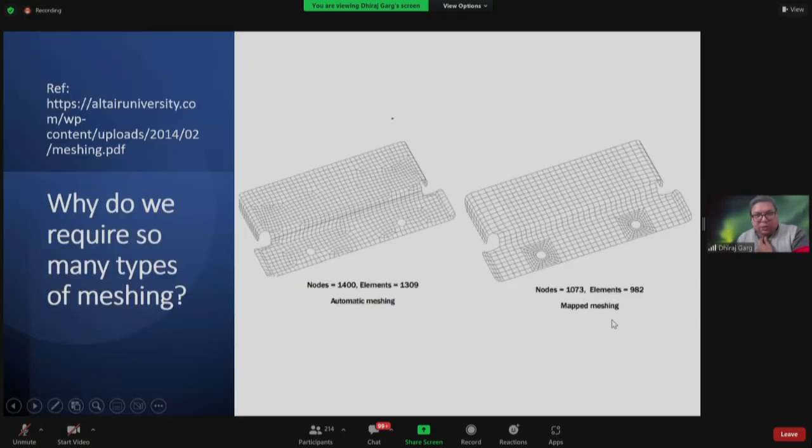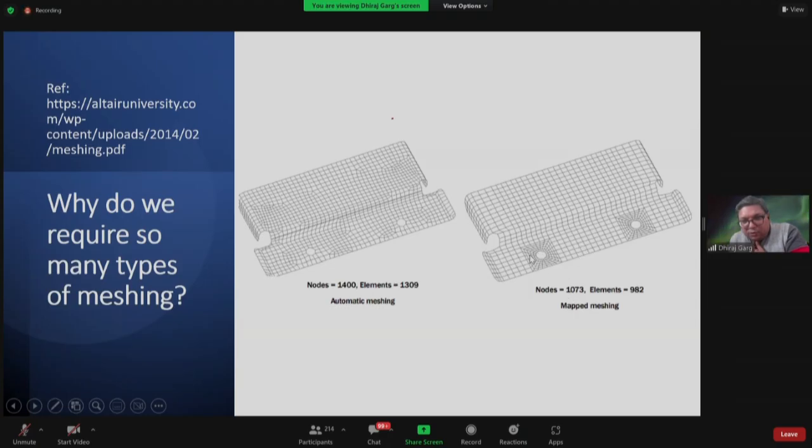We'll see how. So let's say a simple case from this reference. Previously, when it was generated automatically, it shows the nodes are 1400 and elements are 1309. So nodes are the points, vertices, elements are the cells. So we see these are the cells. Now when we make it properly arranged, let's say in a structured form here, whereas on these points we make it increased.